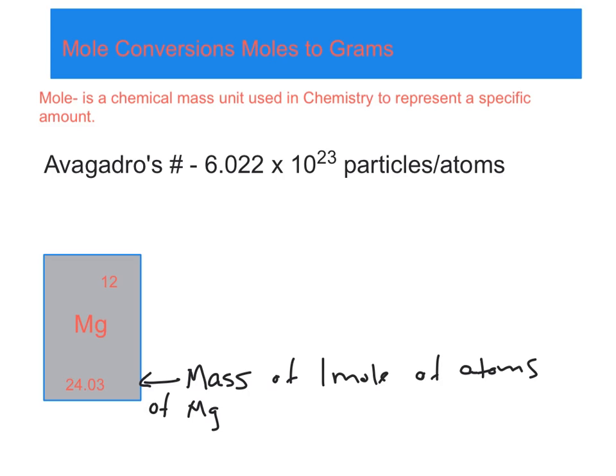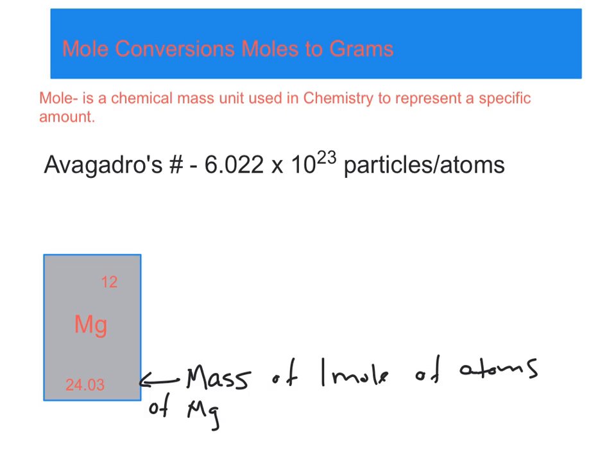So what this is basically telling you is that if I was to take individual atoms and collect this many atoms of magnesium, which is a huge, huge number, all those atoms put together would have a mass of 24.03 grams, right?